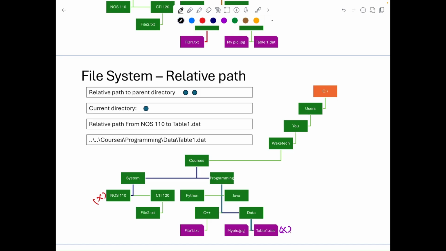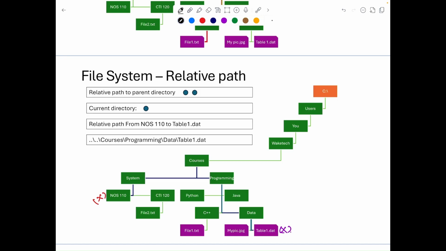The first is that NAS 110 is in system, its parent, but table1.dat is in the lineage of programming. So in a way, it's in a parallel structure. The key thing is, if you're trying to access something like a sibling, you cannot hop from one sibling to another sibling.